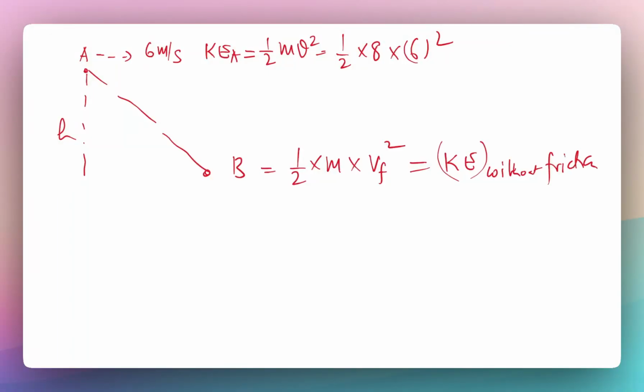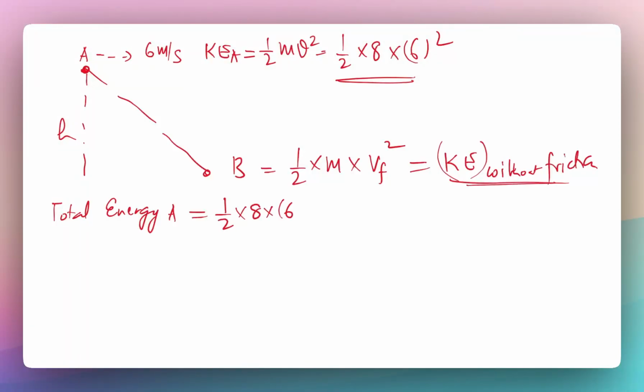Fine. And this kinetic energy without friction is going to be equal to energy at A. So with the law of energy conservation, total energy at A is going to be this sum, which is half into 8 into 6 square. I'm still not doing the maths, plus the potential energy at height h, right?